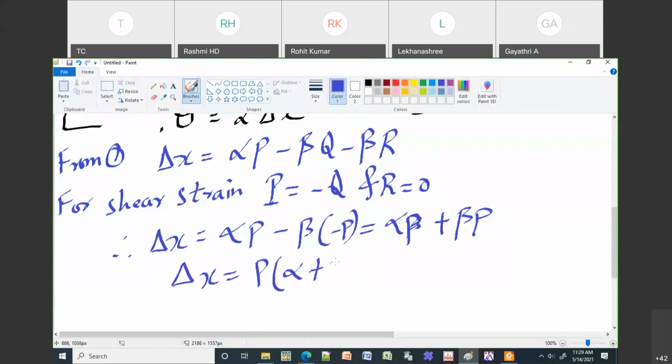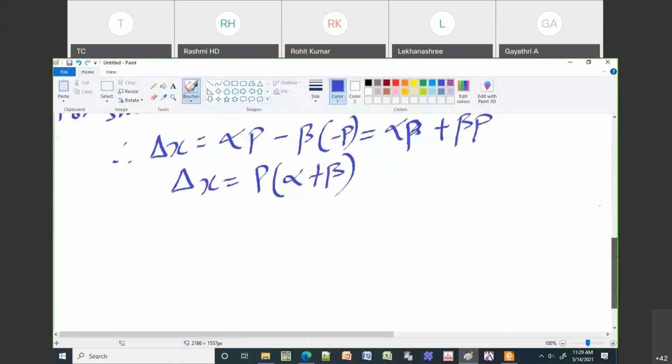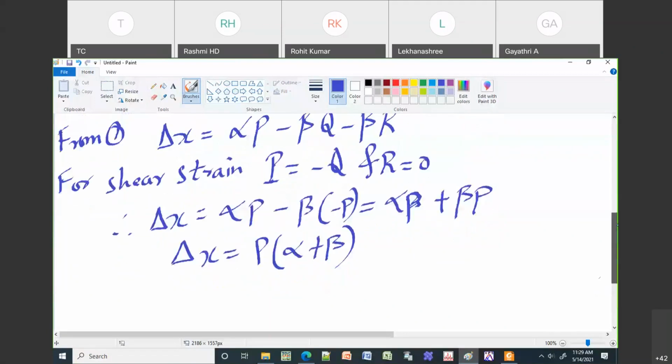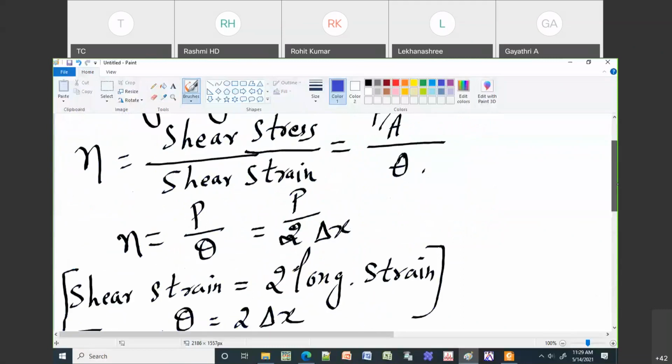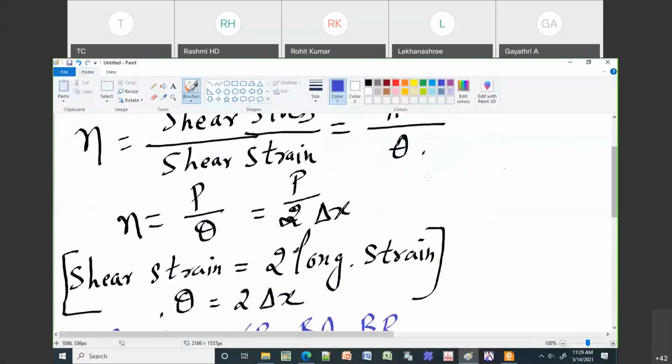Okay, so this is your delta x. Two things are acting, so now we are going to substitute the delta x that we got in this equation.